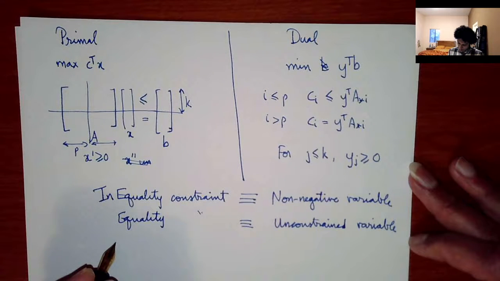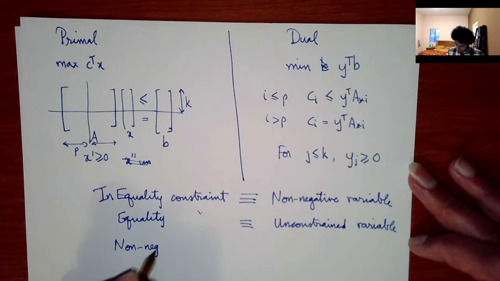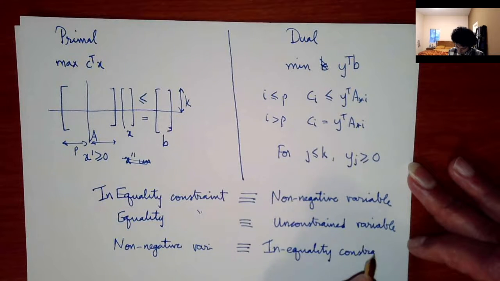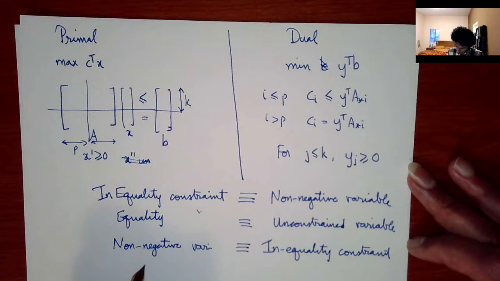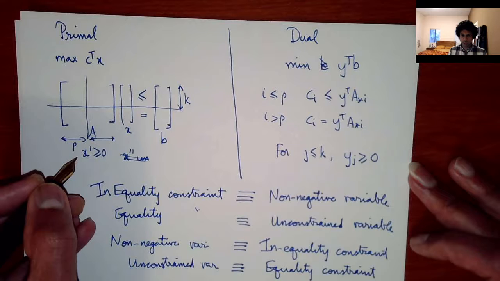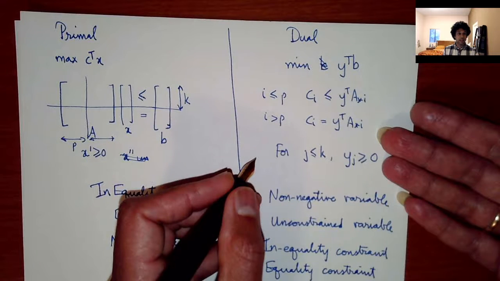And again, the non-negative variable here basically gives you the inequality constraint here. I'll write out the other one, and then I'll say that an unconstrained variable gives you an equality constraint. So the primal is a linear program, the dual is a linear program.